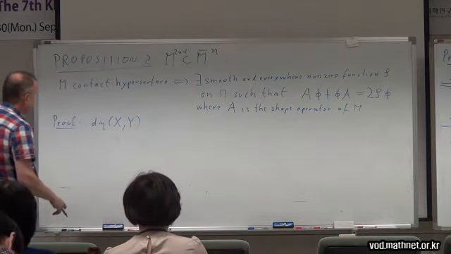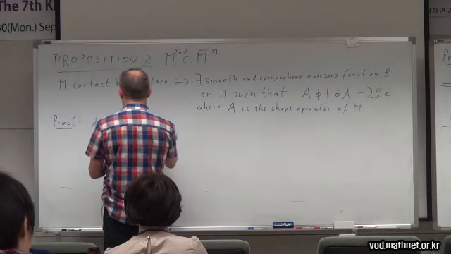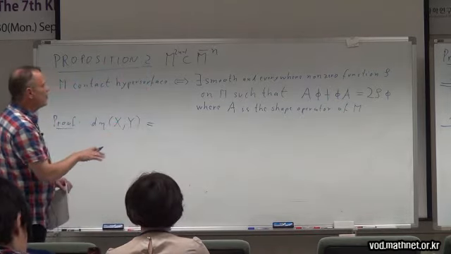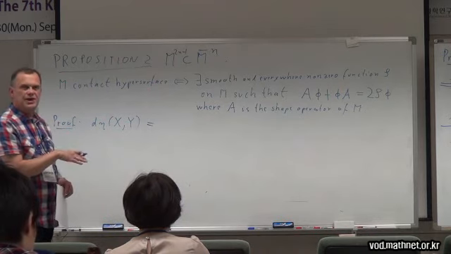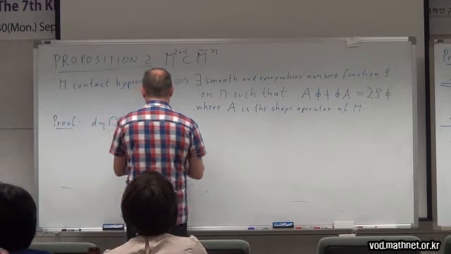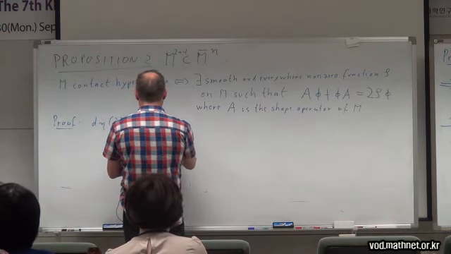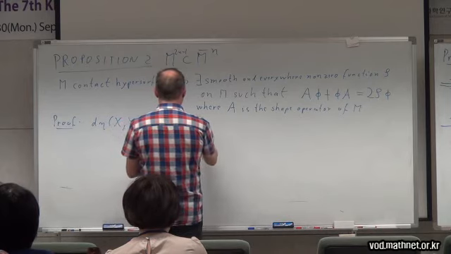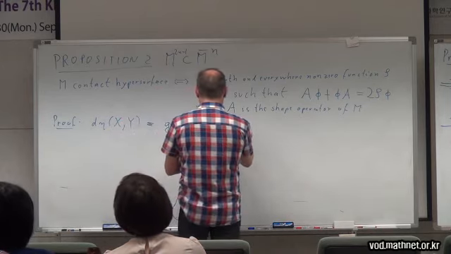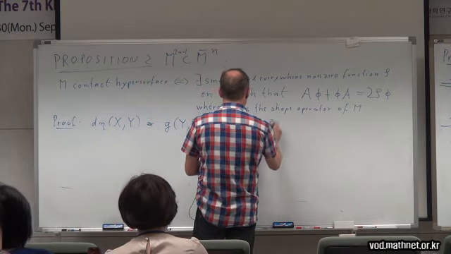So the eta, in an earlier proof I calculated the eta in general. So what we get here is eta of X, Y is g of Y, nabla_X xi minus g of X, nabla_Y xi.